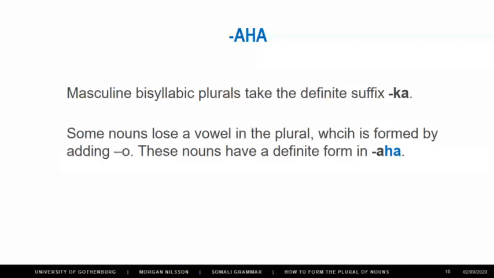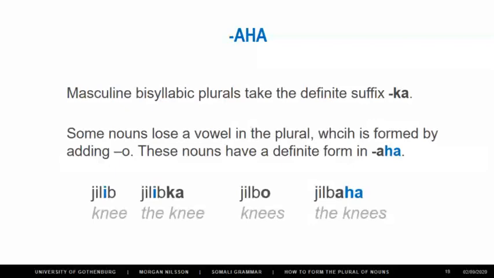We also have a smaller group of masculine nouns with two syllables in the plural that form their plural with the suffix o. And these nouns will then have the definite form ending in aha. And this group of nouns contains words that lose a vowel in the plural form.